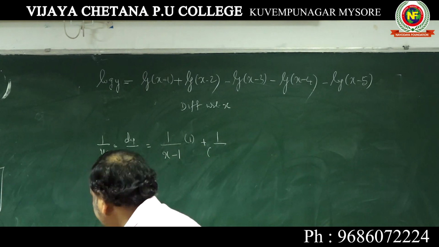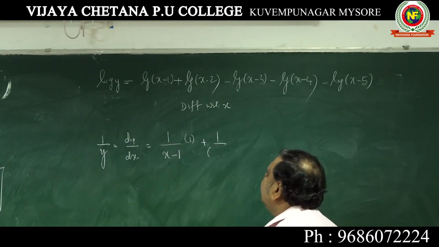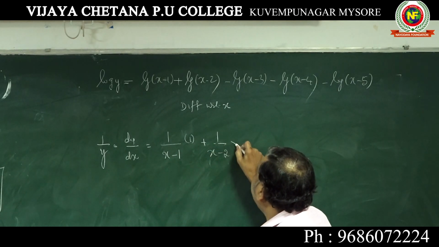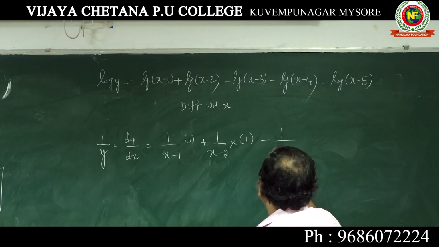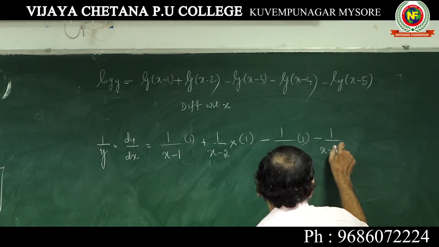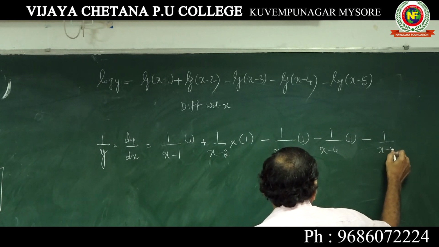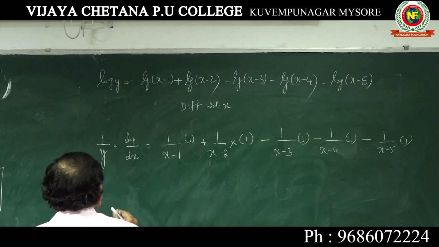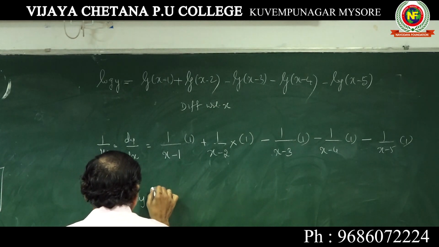If it is 1 minus x, then d by dx of 1 minus x is minus 1. Then plus 1 over x minus 2 into 1, minus 1 over x minus 3 into 1, minus 1 over x minus 4 into 1, minus 1 over x minus 5 into 1. That is the thing. Now dy by dx is equal to y into so much.